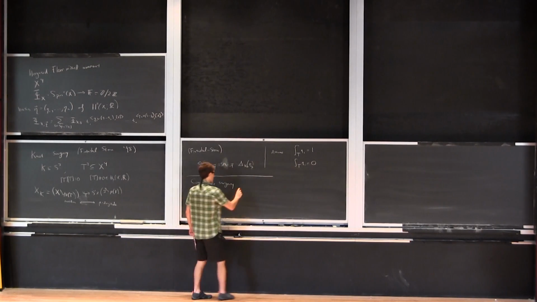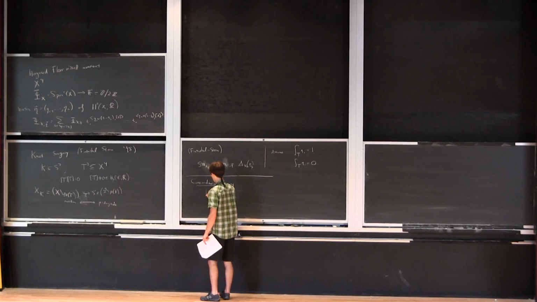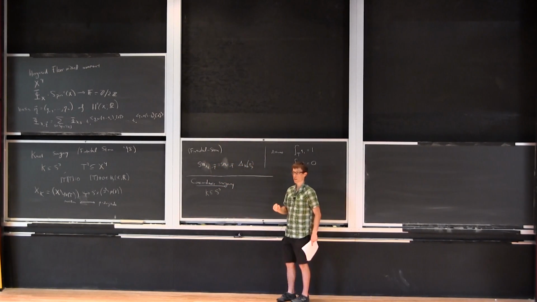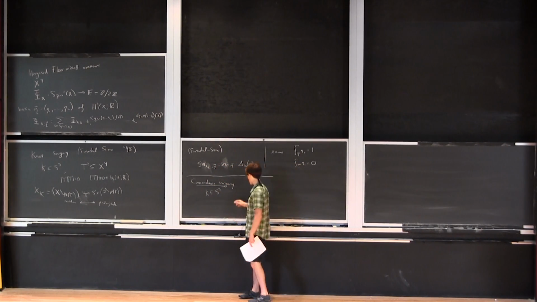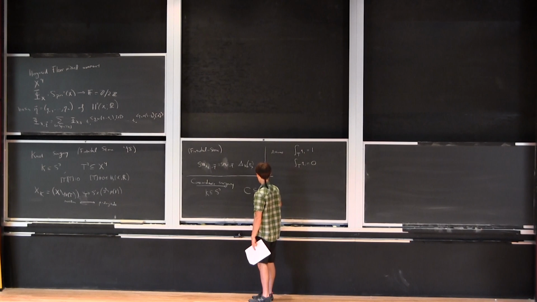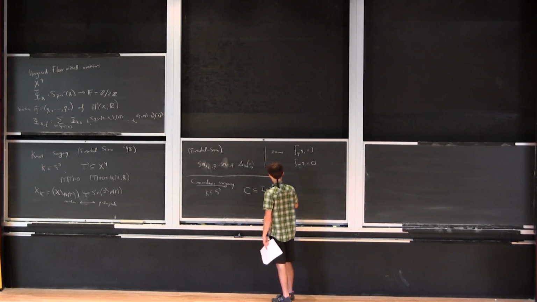So I want to take a knot K in S3, but I want to take a self-concordance of K. So I'm going to take C, an annulus inside of the interval times S3, a self-concordance of K.